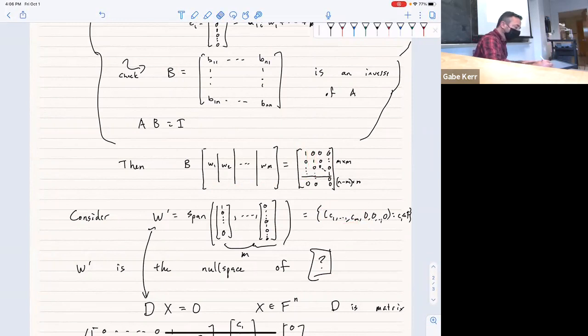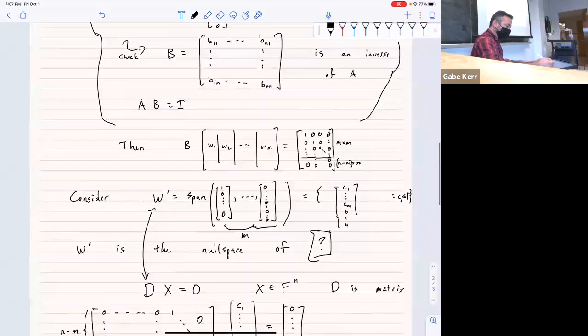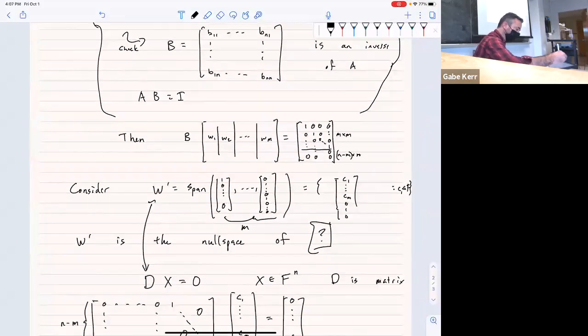I'm sorry, guys, I should write this as a column vector. I wrote it as a row vector. Hopefully you understood what I meant by it.